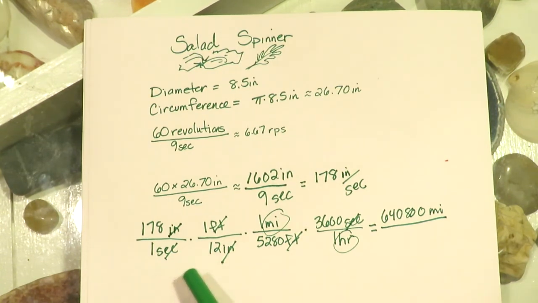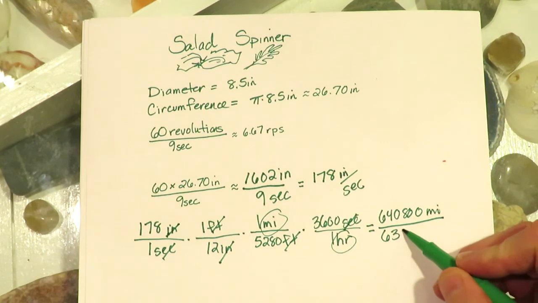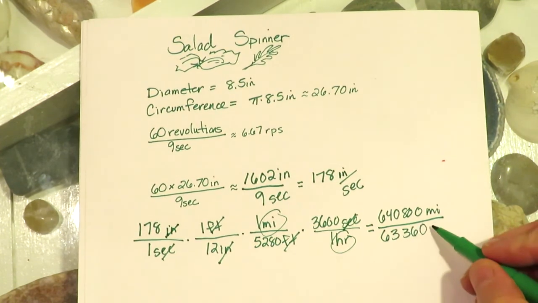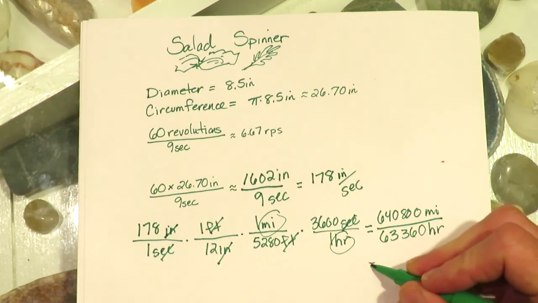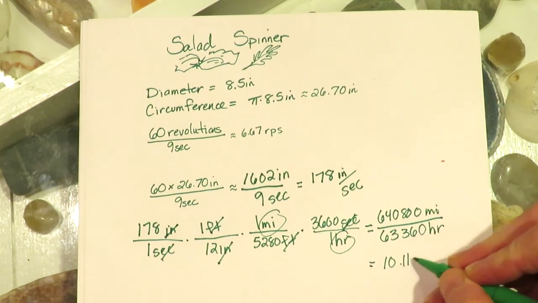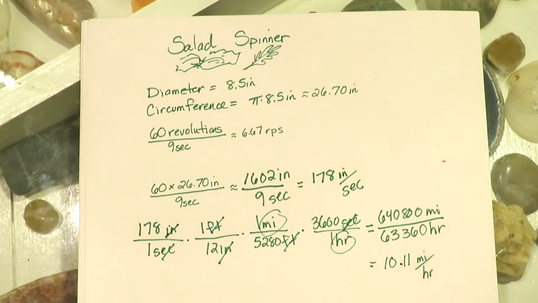If we then multiply 1 times 12 times 5,280 times 1, we get 63,360 hours. So if you reduce that fraction, then we get a speed of 10.11 miles per hour. So a very fast running pace, a reasonable bike riding pace. That's how fast a point on the rim of the salad spinner was going.